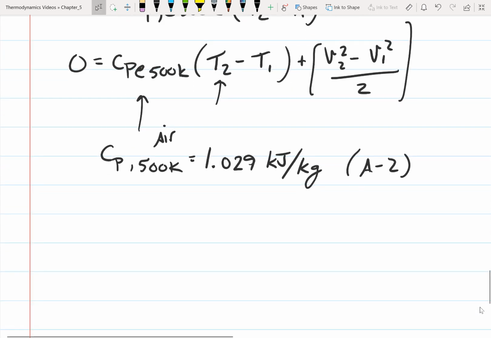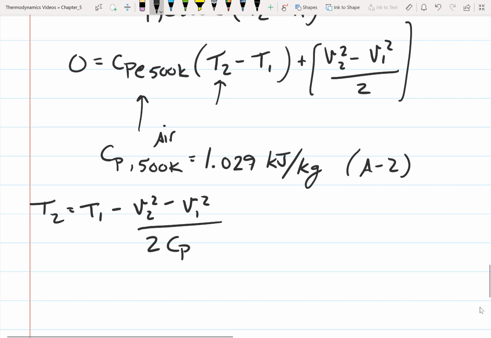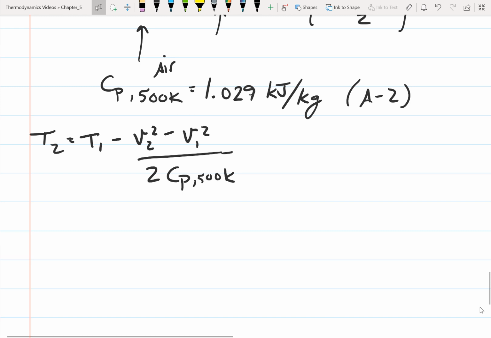So let's go ahead and solve this equation for T2. T2 is going to equal T1 minus (V2 squared minus V1 squared) over 2 multiplied by the specific heat at 500 Kelvin, divided appropriately; this is just some algebra, moving things around. Now let's plug in some numbers. We know T1, we know the velocities, and we looked up the specific heat.